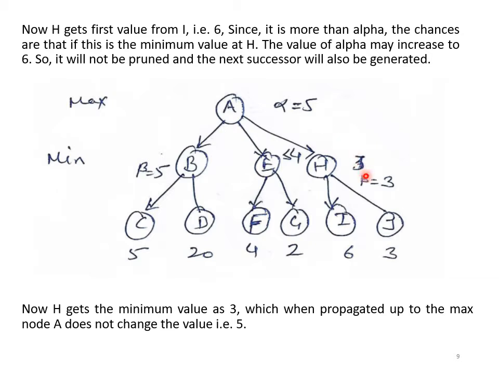So we cannot prune this, and we have to consider the value of J here, and this J value will not impact alpha's value. So alpha's value is finally 5.